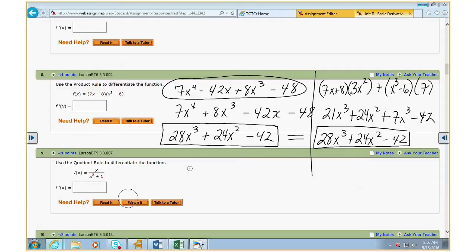So we're going to do that first. Denominator times numerator prime minus the numerator times the denominator prime over the denominator squared.